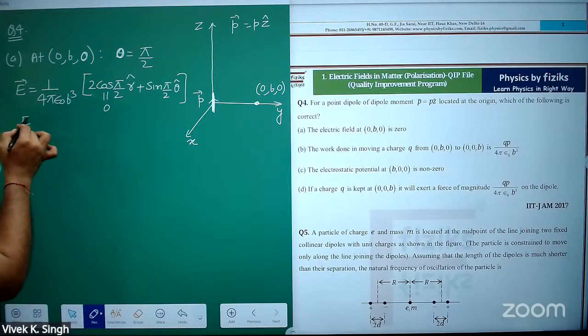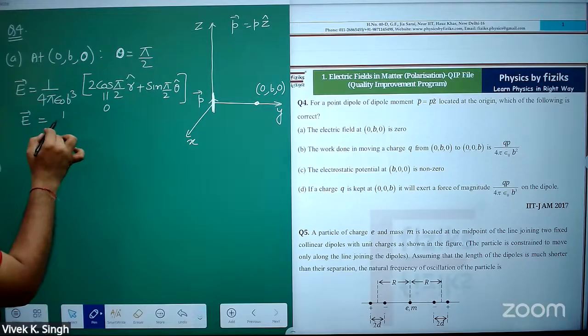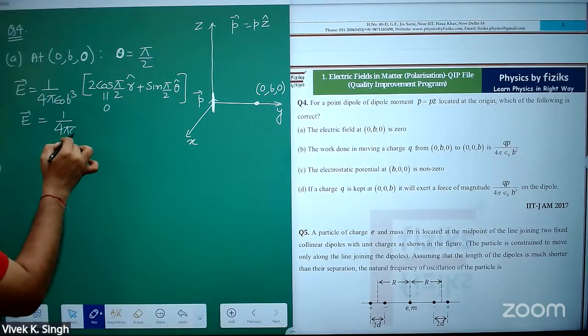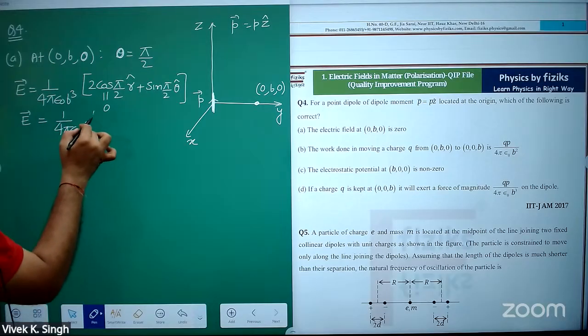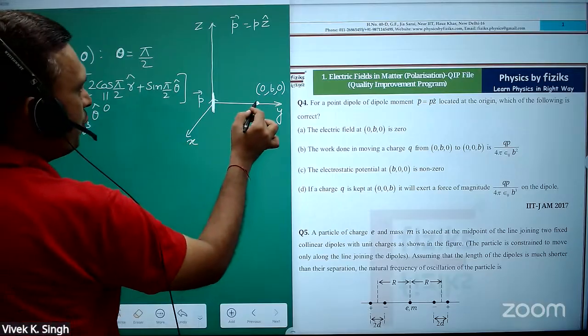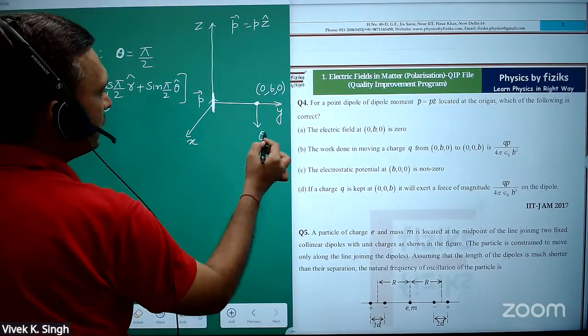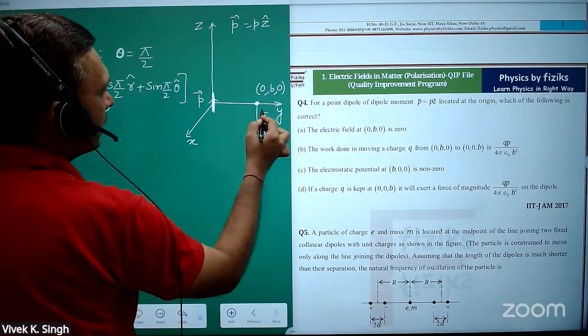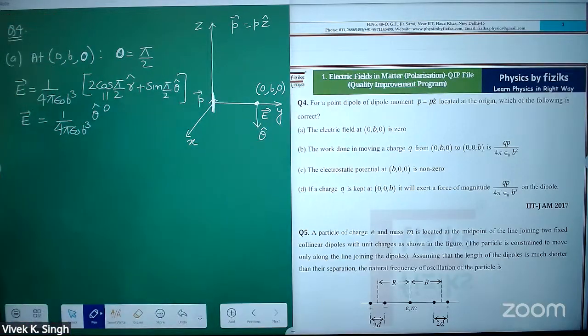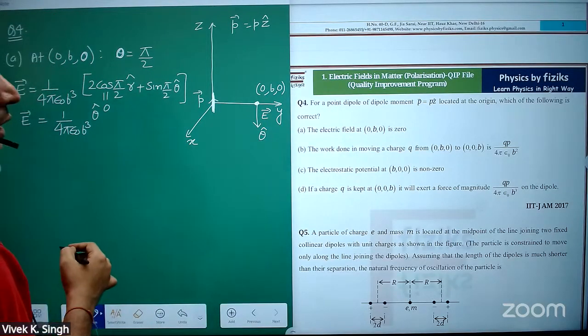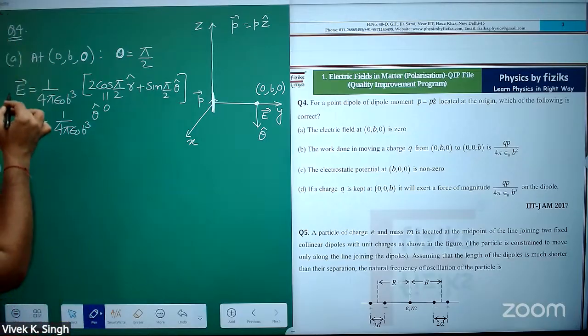So E is given by 1 by 4 pi epsilon naught B cube theta cap. And at this point, theta cap is downward. So this is the direction of the electric field. So electric field is non-zero. So option A is incorrect.